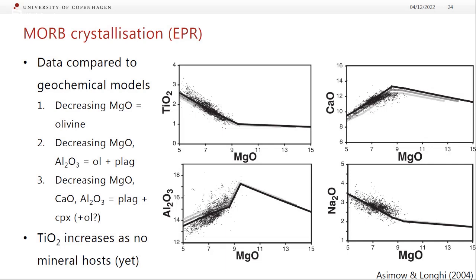We know that plagioclase is still crystallizing because we're still dropping the aluminium. The question is, because clinopyroxene also has a fair bit of MgO, are we also crystallizing olivine, or is this just plagioclase and CPX? Yeah, so as I mentioned, both titanium and sodium just keep going up. The plagioclase isn't sodic enough, doesn't have enough sodium. The titanium doesn't have anything taking it out of the melt.